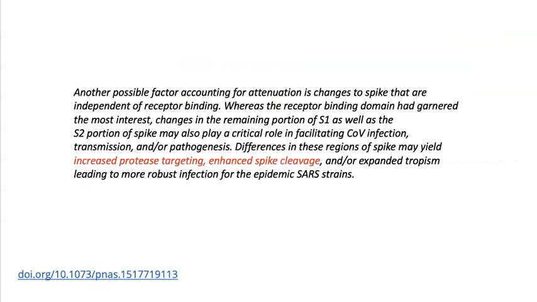Another interesting aspect of the paper is they recognize that it's not just the binding, the S1 region of the spike protein, which binds to the human receptors. They're also looking at differences in other regions, such as regions that can result in enhanced spike cleavage, which in turn would give expanded tropism for different cell types, including humans.